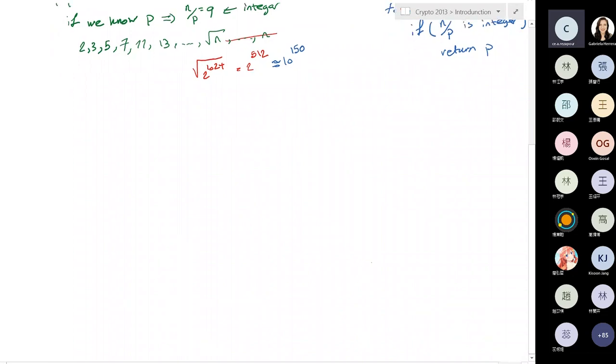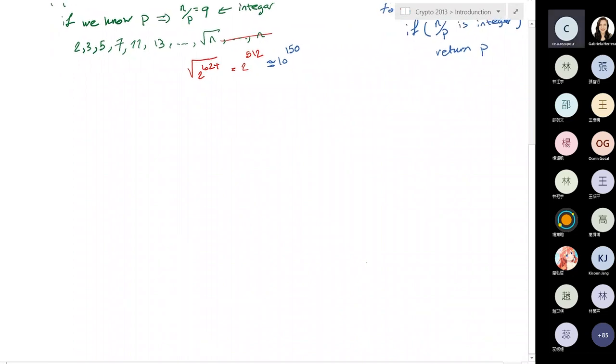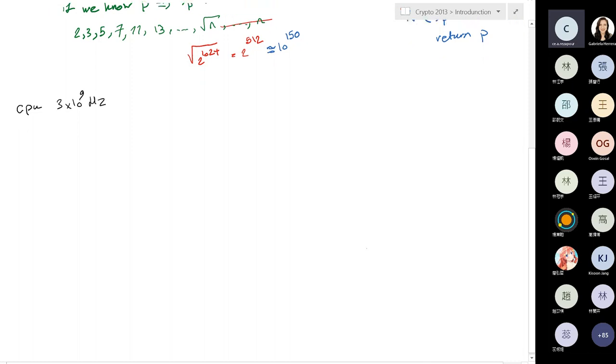So let's do some math together. Suppose that you have a CPU of 3 gigahertz. You have 3 times 10 to the power 9 hertz, which is 3 gigahertz.